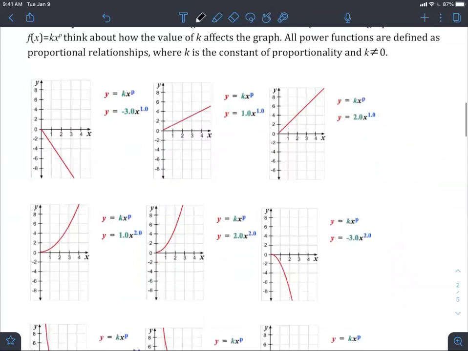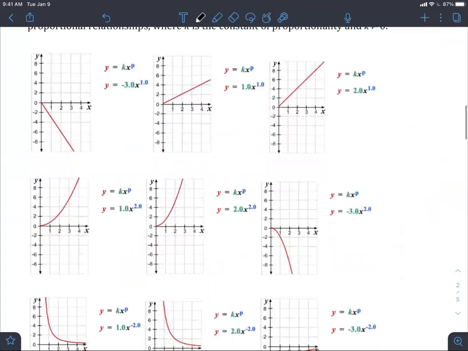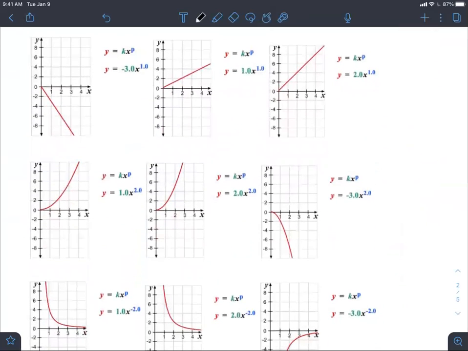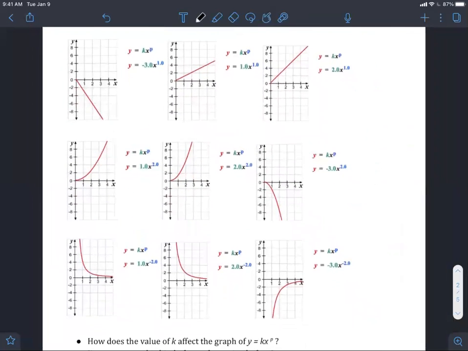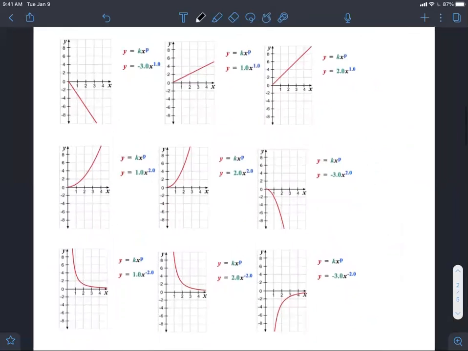So, first of all, we're going to take a minute to look at a couple different versions of these power functions. I'm going to zoom out so you can see all 9 of these graphs at once. One of the things that we didn't really talk too much about yesterday, because we were focused on the rational functions, and this is the only time we're going to talk about this, is the effect of a constant multiplier or a leading coefficient.